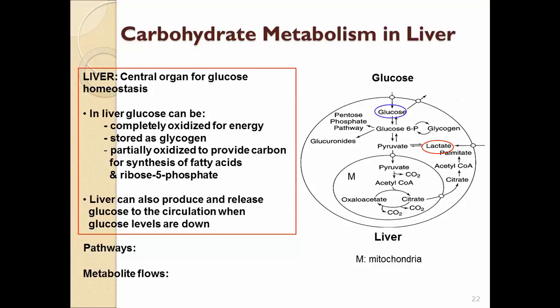For example, one of the precursors of gluconeogenesis is lactate. So lactate can be taken up into the liver and converted back to pyruvate for the synthesis of glucose, the gluconeogenesis, right? Glycolysis, glycogen synthesis, gluconeogenesis, and also during fasting, glycogen can be broken down to glucose and released into the circulation. So the glycogen breakdown pathway.